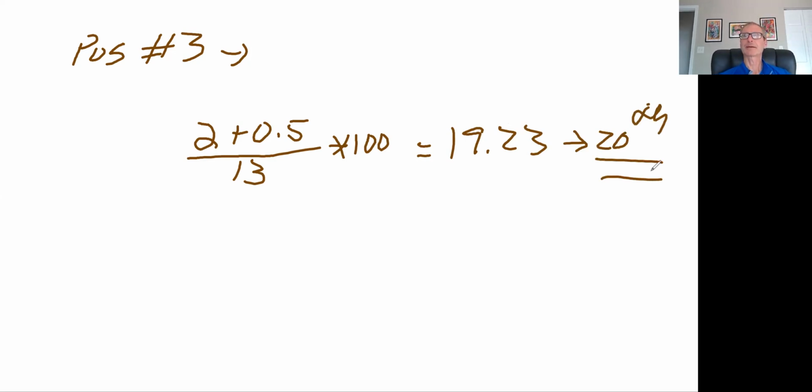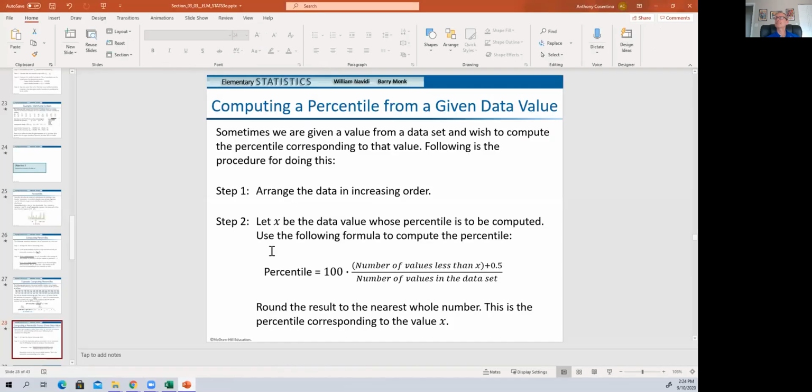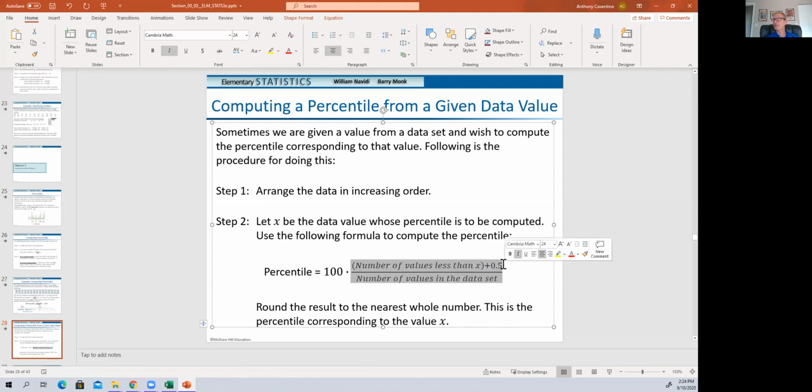So let me go back to the formula in the spreadsheet to show you where those numbers came from. Here is the number less than X. That would be 2, right? Because we were doing position 3. We added a half to it. That was the half right here. Then we divided by the number of values in the data set. That's typically called n. I don't know why they don't use n here. And so that would be 13. And then at the end, we multiply it by 100.